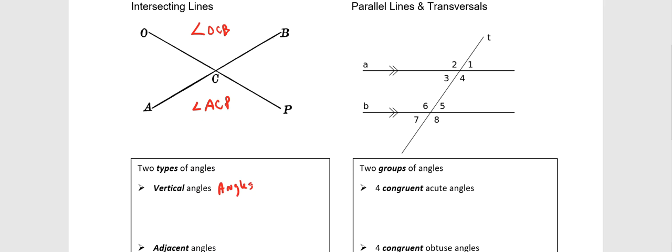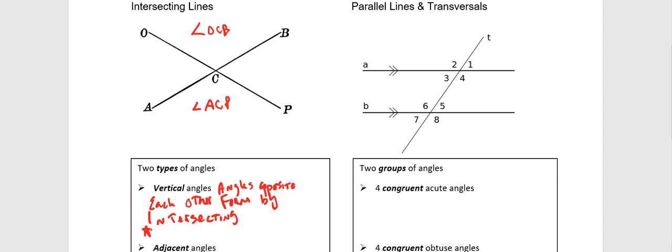Angles opposite each other formed by intersecting lines. So these angles are opposite each other. Okay. Now what's important about this is that these angles will be congruent.